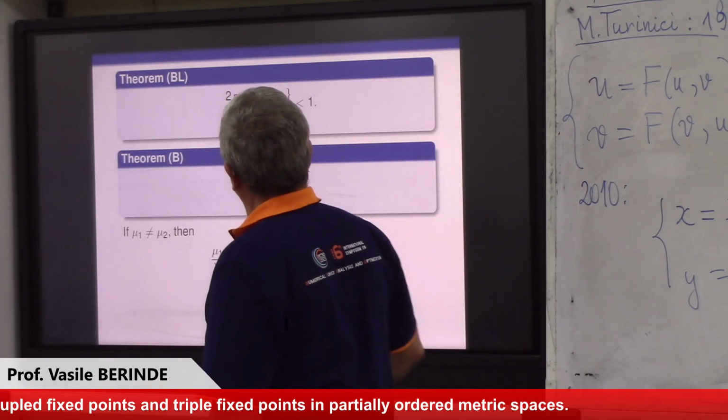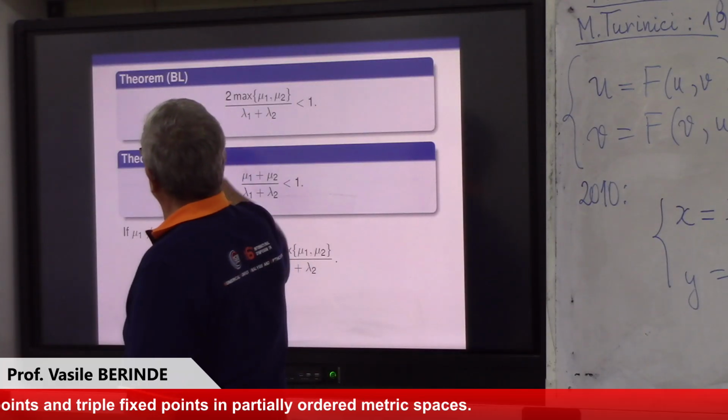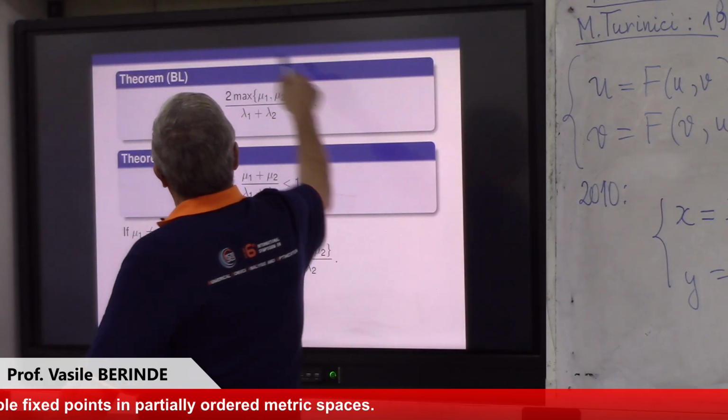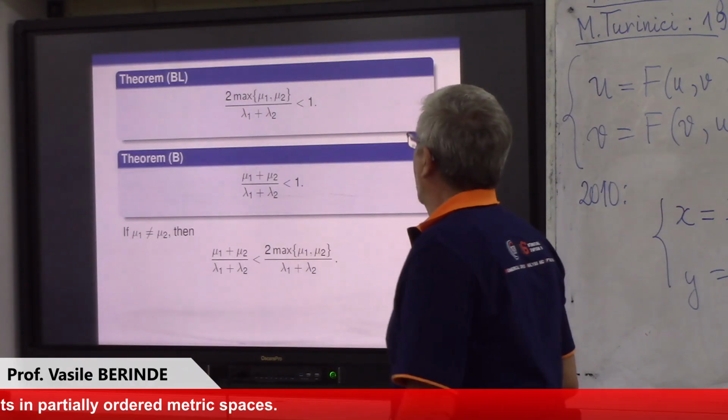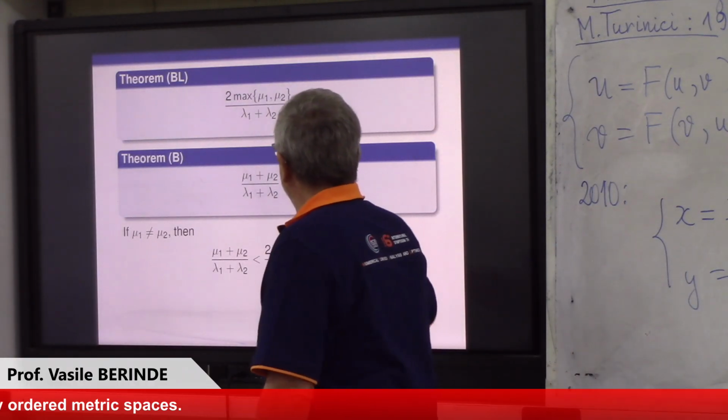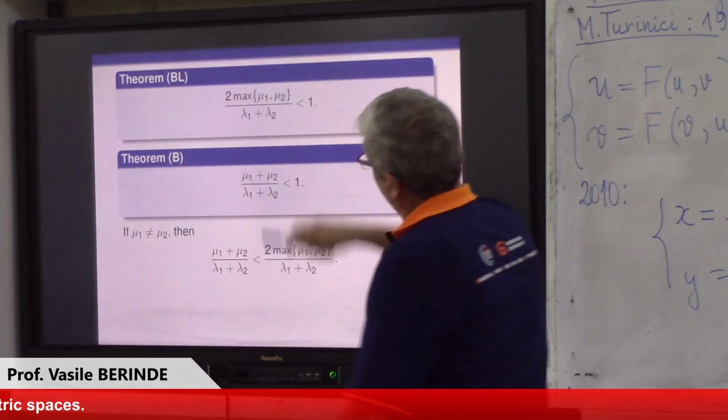I was wrong. This was the condition in Bhaskar and Lakshmikantham, and B is from Berinde. This is my condition, and of course, this is a less restrictive condition than the other one.